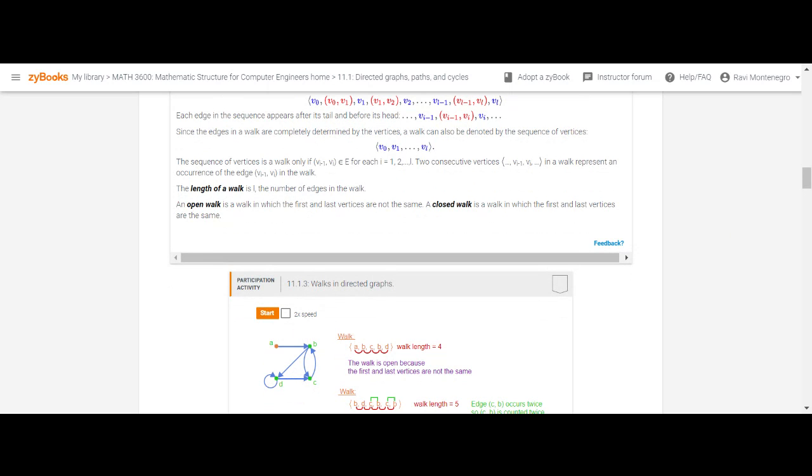So it's 2 miles to get from A to D. You could do something ridiculous, like go from A to B to C, backtrack, and then D. That would be 4 miles. That's not a very good way to get there, though. So the length is usually the shortest way of getting between points.